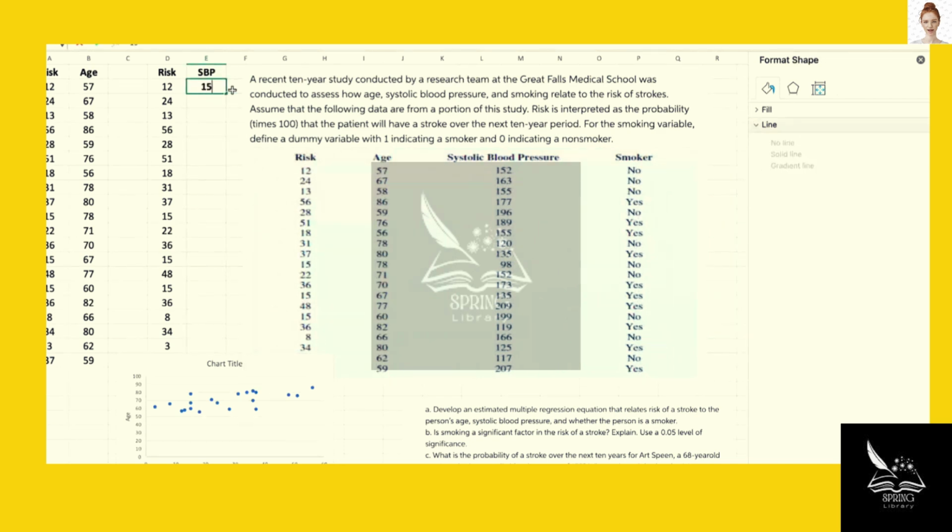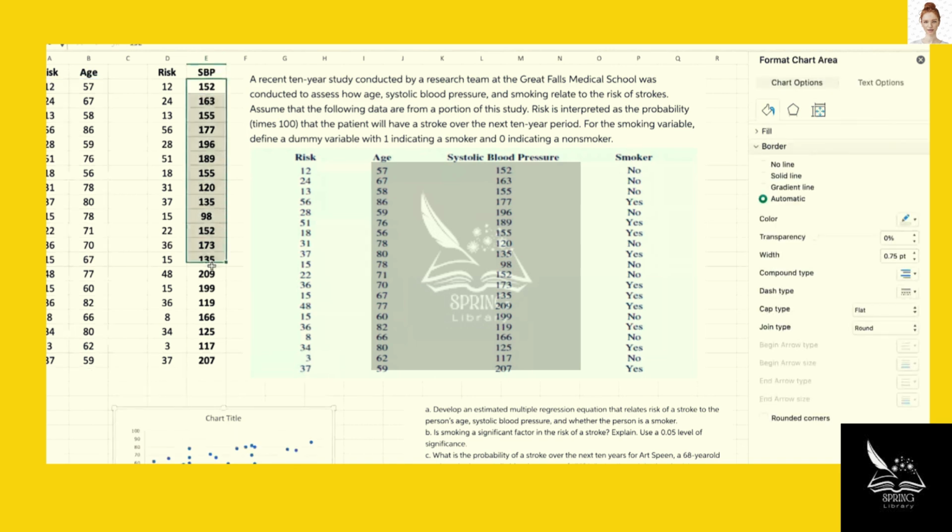So I have 152, 163, 155, 177, 196, 189, 155, 120, 135, 98, 152, 173, 135, 209, 199, 119, 166, 125, 117, and 207. And I'm just going to move this down.